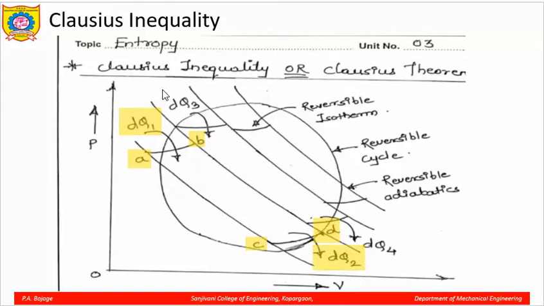Similarly, in the second cycle you have dQ3 as the heat addition and dQ4 as the heat rejection. Similarly, there can be n number of cycles here. So all these Carnot cycles, we are going to analyze them to come to a conclusion for Clausius inequality, or the theorem of Clausius.